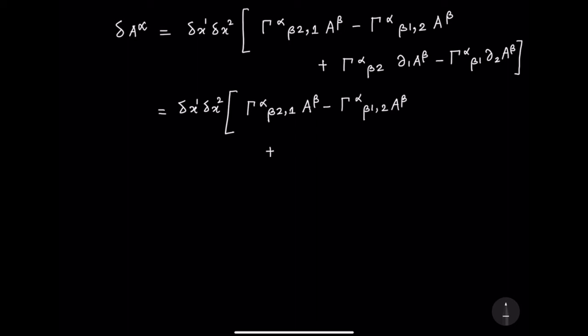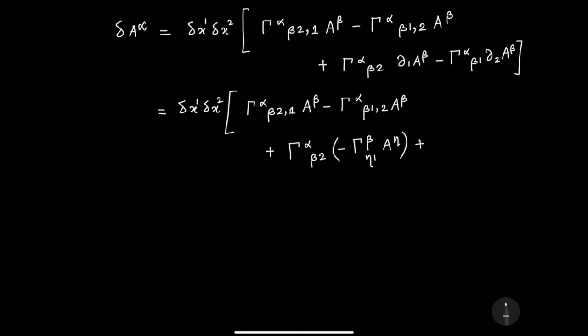You see, because it's being parallel transported, del 1 A beta can be written in terms of the corresponding gamma. So remember that for parallel transport along such coordinate curves, del 1 A beta is the same as minus gamma beta eta 1 A eta.